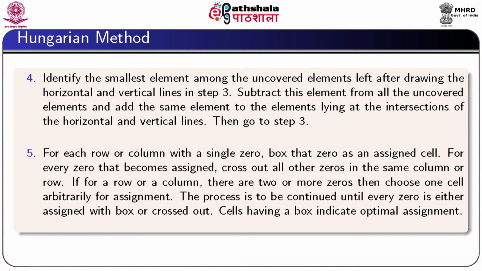If for a row or a column there are 2 or more zeros, then we choose one cell arbitrarily for assignment. This process is continued until every 0 is either assigned with a box or crossed out. Cells having a box indicate the optimal assignment.